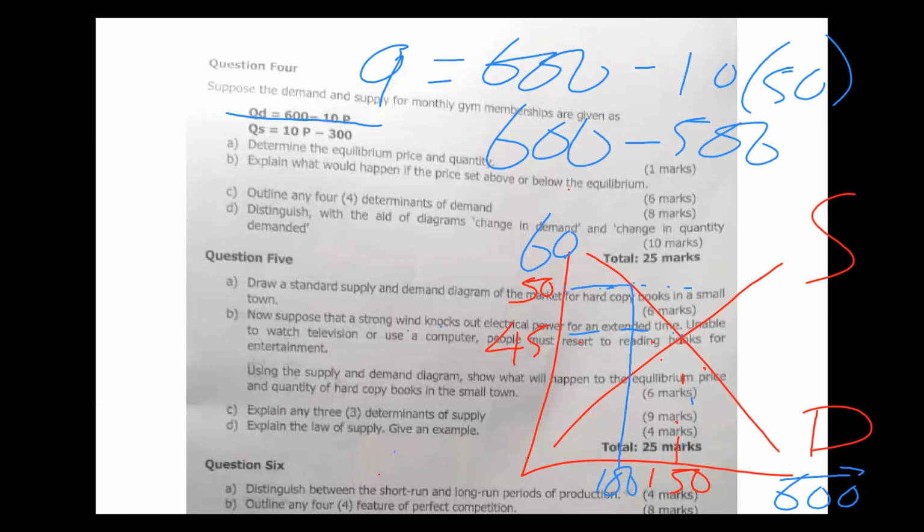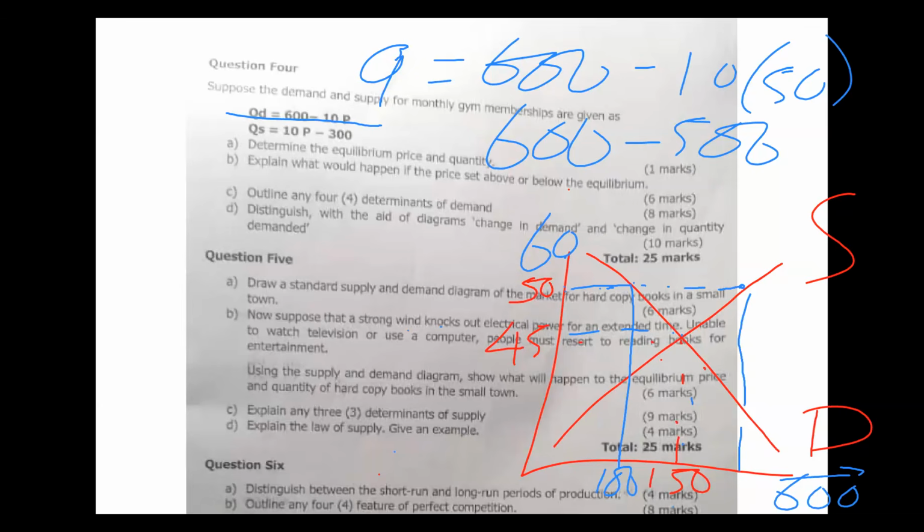Then at the same time, what will be the supply? You just extend your graph towards the supply curve. Supply will increase to Q. Supply is increasing when the price has been lifted up. So what is this Q?